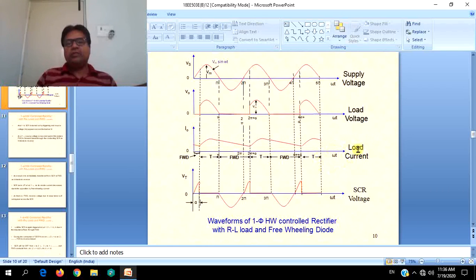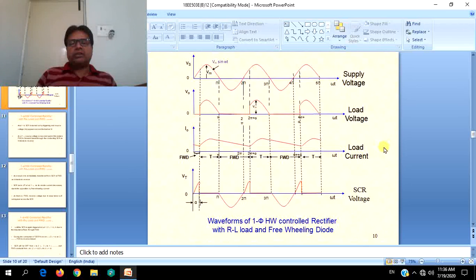In case of full wave rectifier, the negative supply voltage will also be converted into unidirectional or DC voltage. Then this current will improve further and it will become nearer to a constant DC. So that is the actual concept of power electronic converters to improvise the current waveforms.